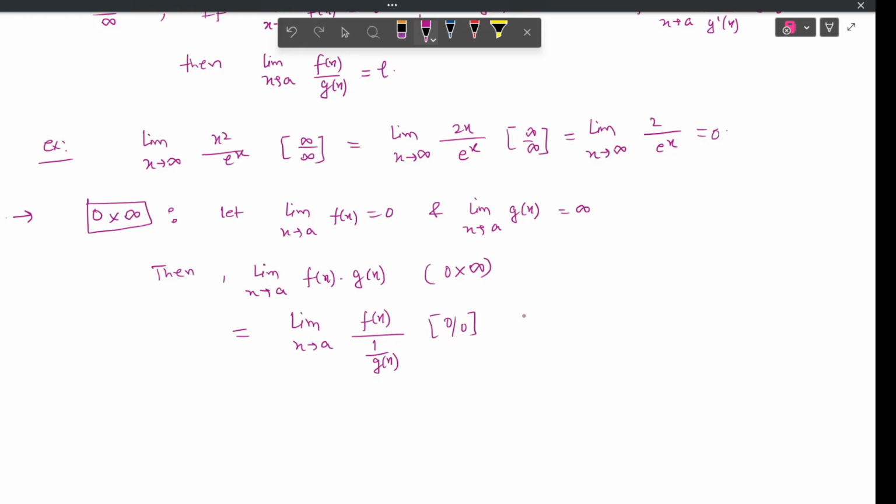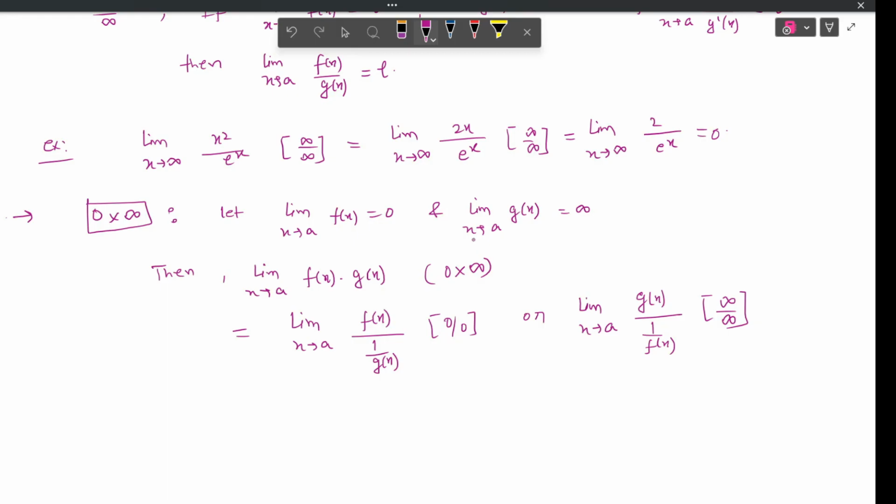Or you can write it as limit x tends to a, g of x by 1 by f of x. So g of x is infinity, f of x is 0, 1 by 0 is infinity. Now this is in the form infinity by infinity, so you can differentiate numerator and denominator separately.